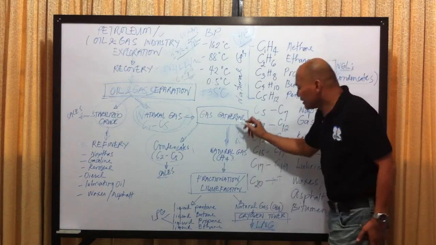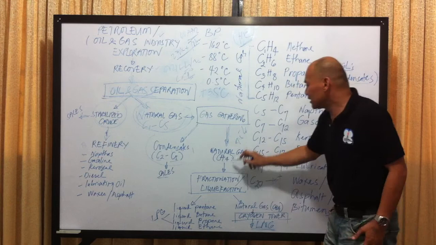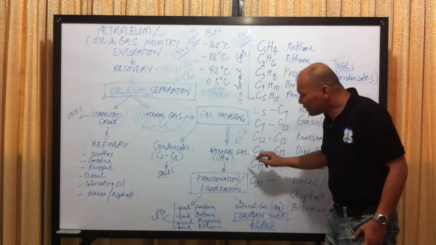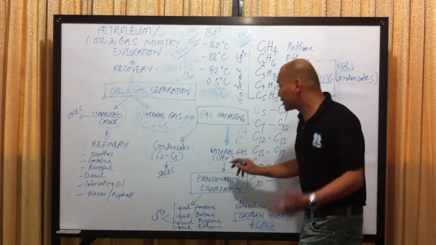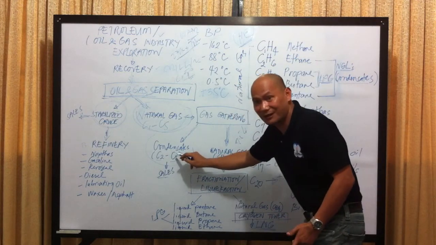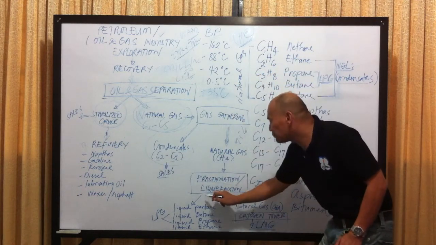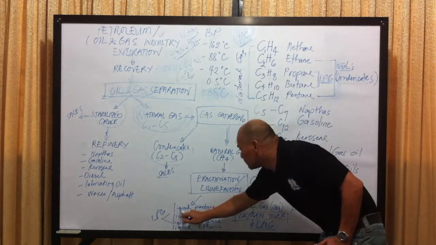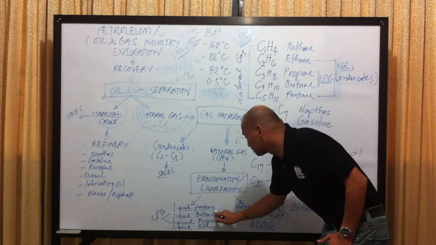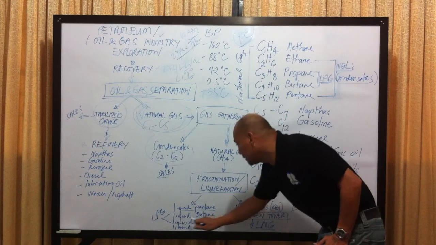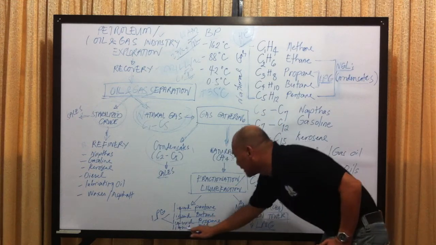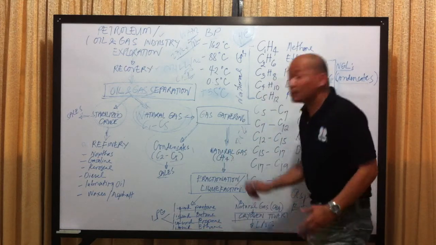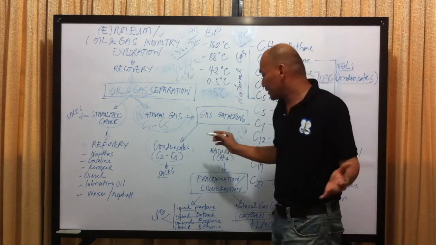This natural gas goes into fractionation and liquefaction, where we still have to remove the remaining fractions of C2 to C5. With that process, liquid pentane is extracted separately, and liquid propane and liquid butane are extracted separately.